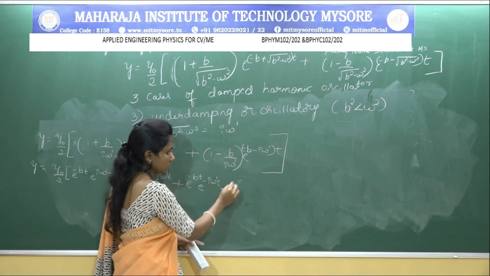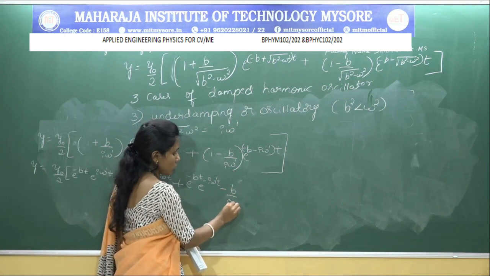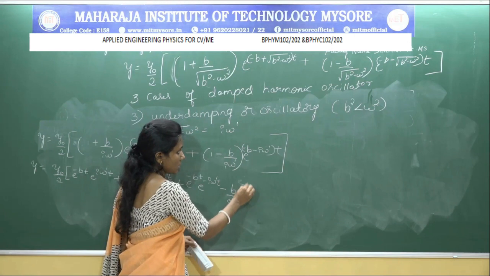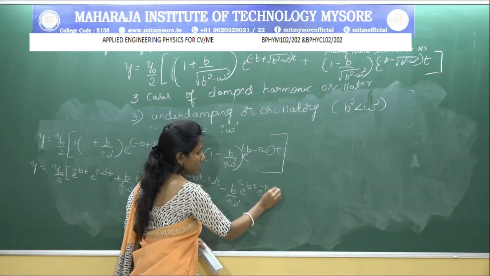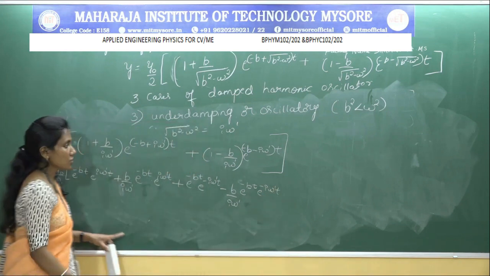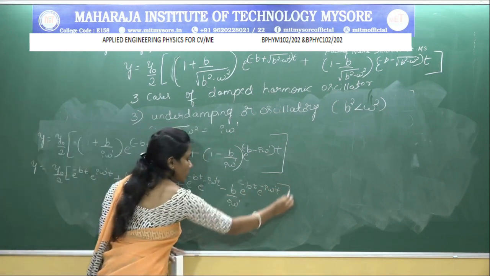Next the second term, minus b by i omega dash e to the power of minus bt e to the power of minus i omega dash t. So this is the equation we are getting.